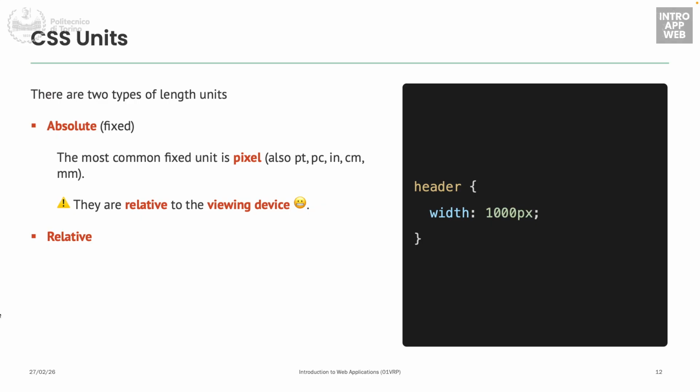Okay, so this is super nice, but it has a problem, no? What's the problem with defining things in this way? Yeah, maybe if I open the website on the computer, it works super fine, I can see everything in the header, but then if I open it on the cell phone, I won't see anything, or I will see just a portion of the header.